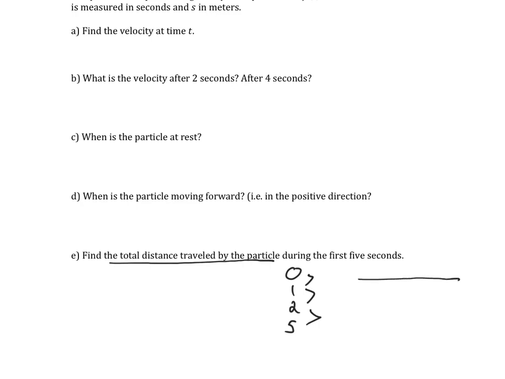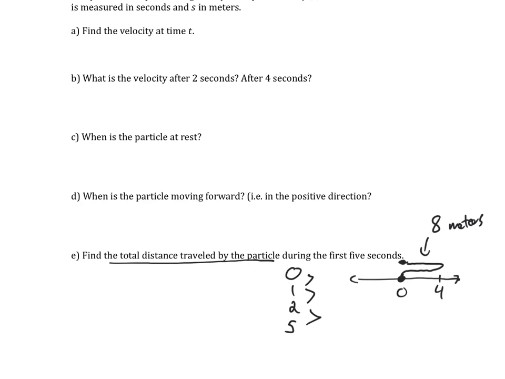So we think about this in a particle that starts here, let's call that 4 and 0, a particle that ends back right up where it started. This particle traveled 8 meters. It traveled 4 meters to the right and then 4 meters back to the left.